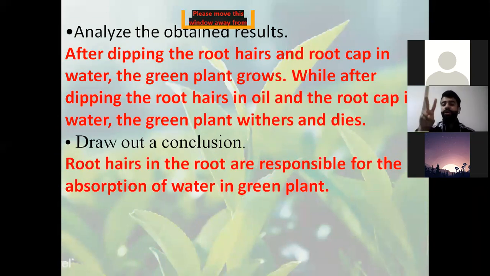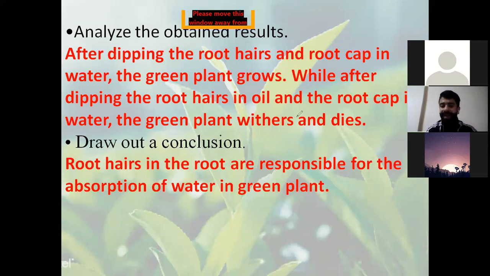After dipping both the root cap and the root hairs in water, the green plant grows. While after dipping the root hairs in oil and the root cap in water, the root cap is in water in both cases, but in the second plant the root hairs are in oil. That's why the green plant withers.